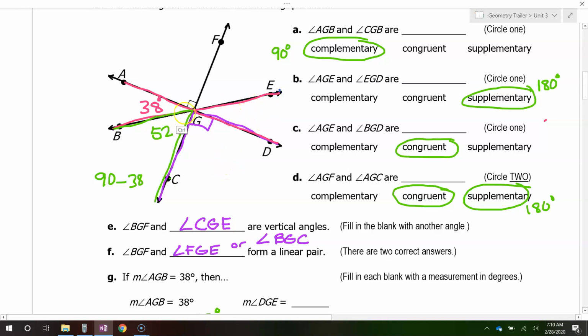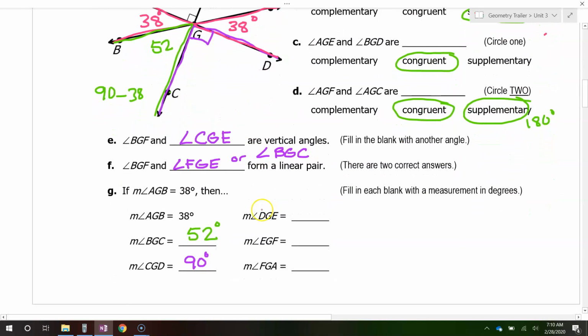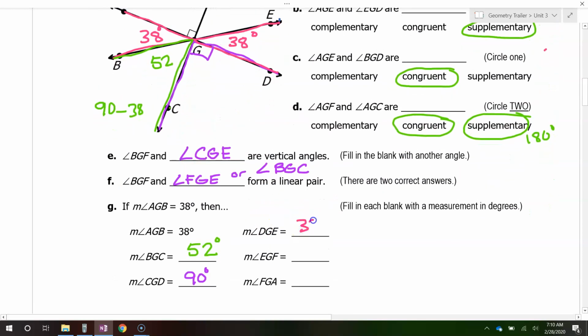All right, so maybe you can see that these two red angles are vertical angles because you can see the X that I'm forming here. So because vertical angles are always equal, if this one's 38, then this one's also going to be 38. So we have 38 degrees.